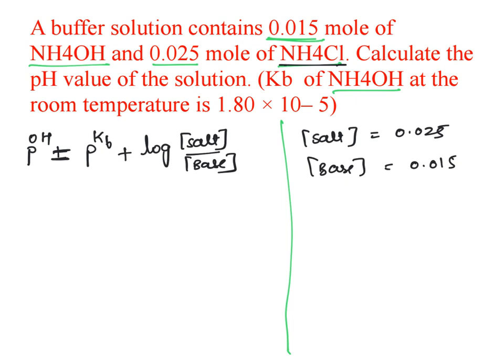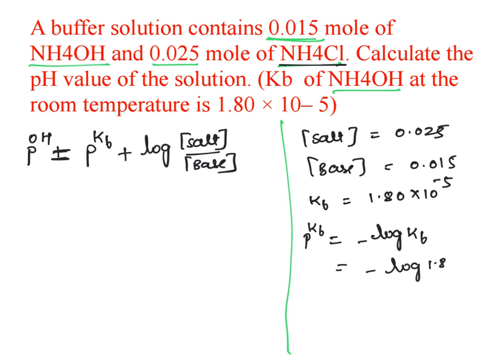They have not given pKb but Kb equal to 1.80 times 10 to the power minus 5. Let's apply the conversion pKb equals minus log Kb, that is minus log of 1.80 times 10 to the power minus 5.